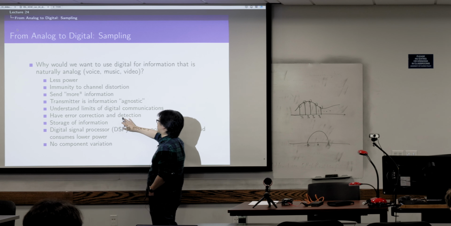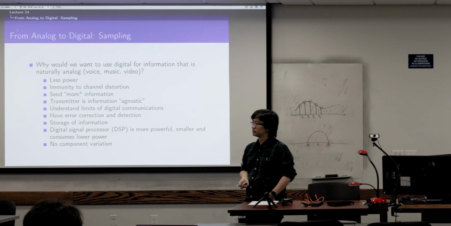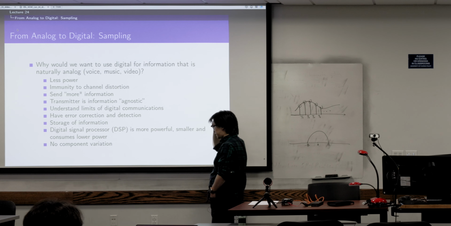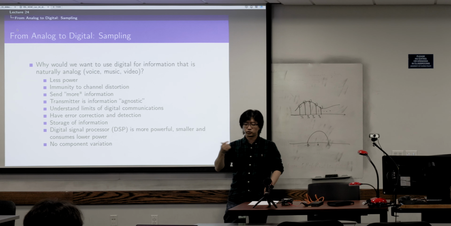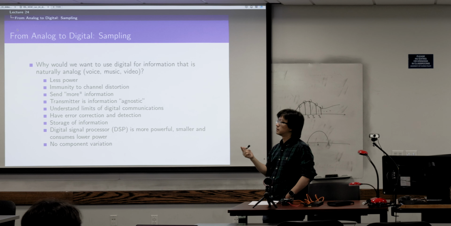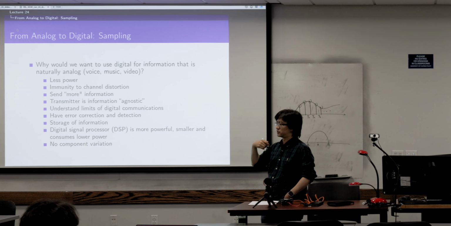Also, as we said, we can have error correction and detection possibility, right? This basically means as follows. Now let's say we transmit 0s and 1s, and the channel is an erasure channel. It means that we just don't see some of the numbers at the receiver side.